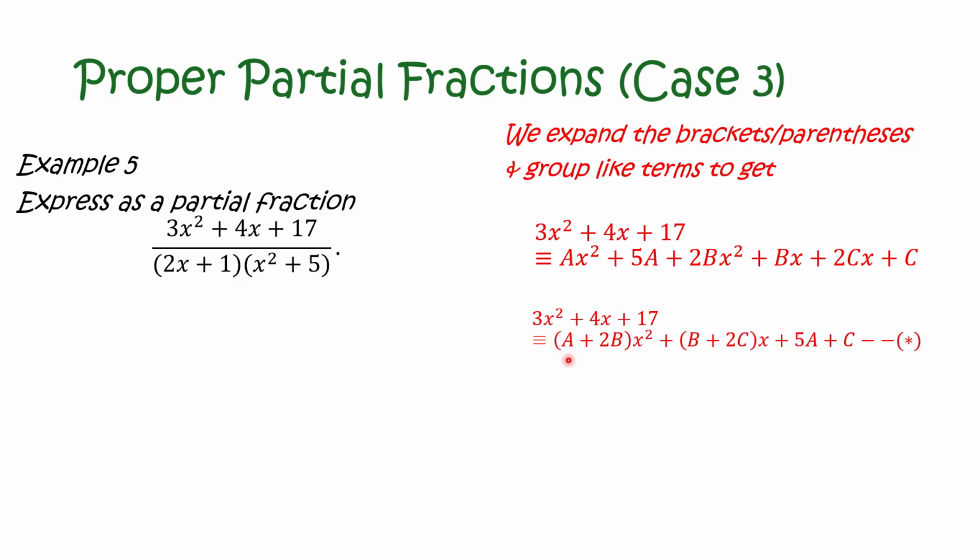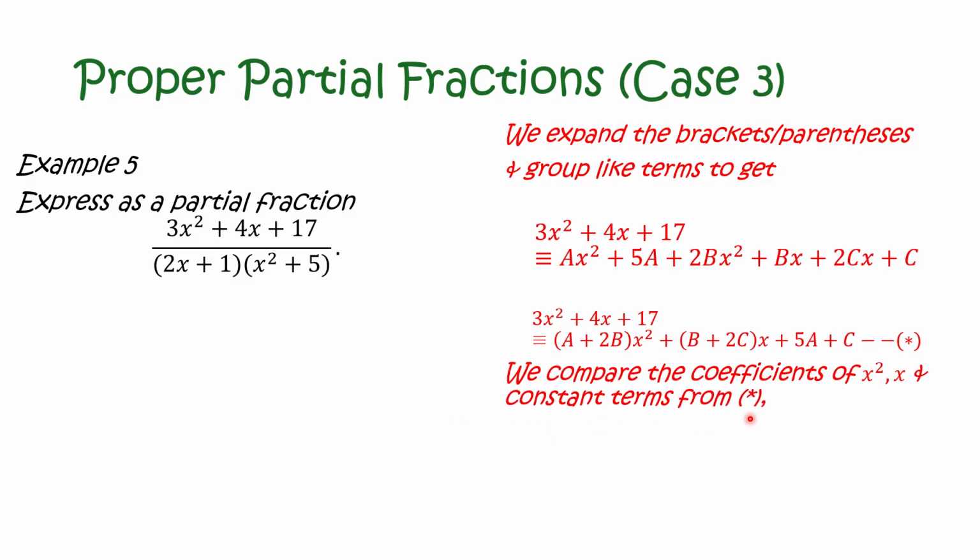Now we group the like terms so that we have what we had previously on the left-hand side, and then we have a quadratic expression on the right-hand side where the coefficient of x² is A + 2B, the coefficient of x is B + 2C, and the constant term is 5A + C. Let's label this equation star.